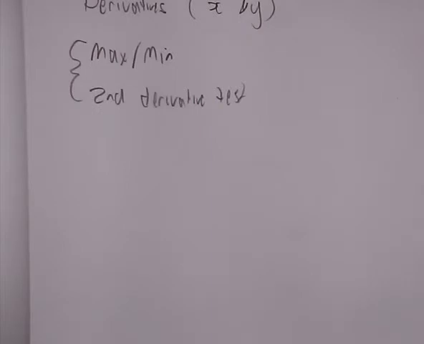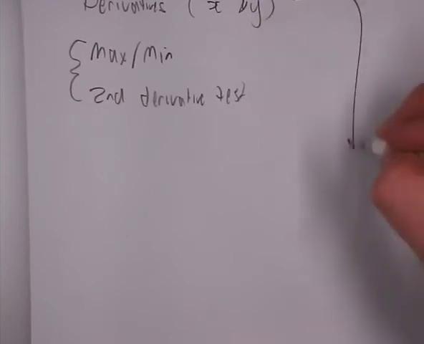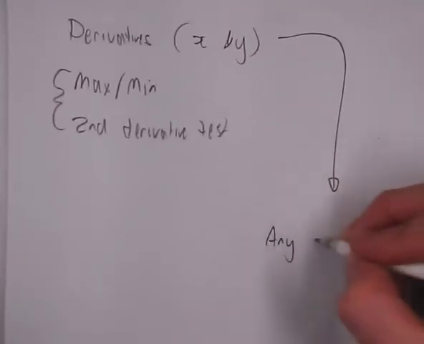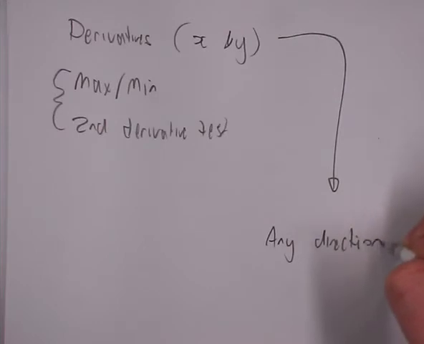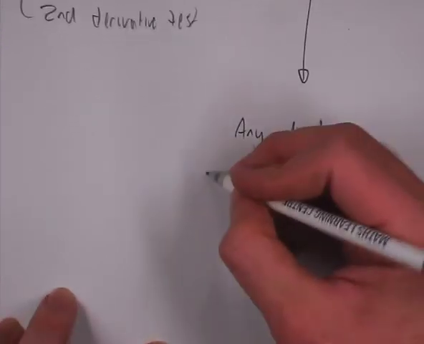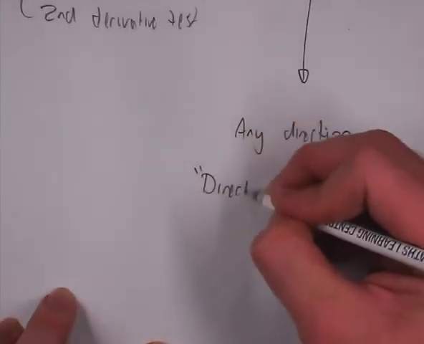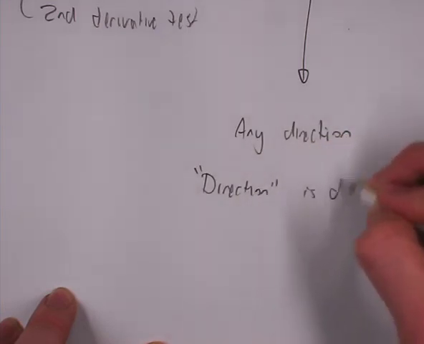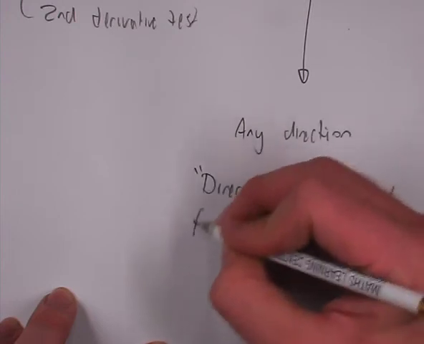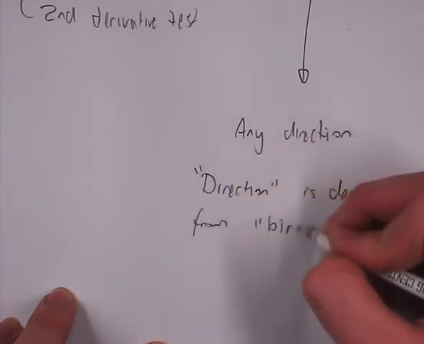So we'll go back a little. And what direction should I go in order to produce the greatest possible slope? They are the big questions now. So we want to do these now in any direction. And I said earlier, just so that's on paper, direction is described from a bird's eye view.